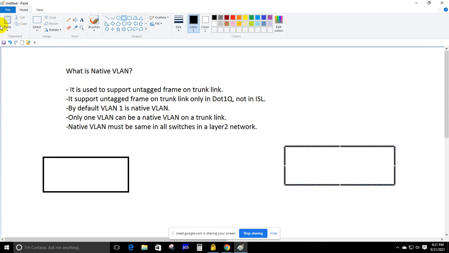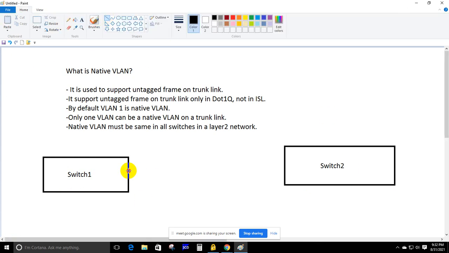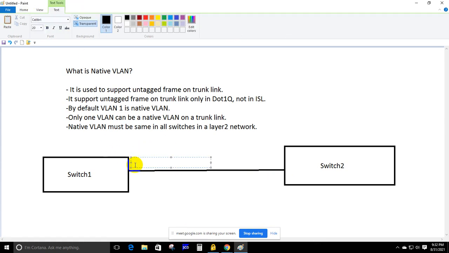We have switch 1 and we have switch 2, connected on FA 0/24 on both sides.